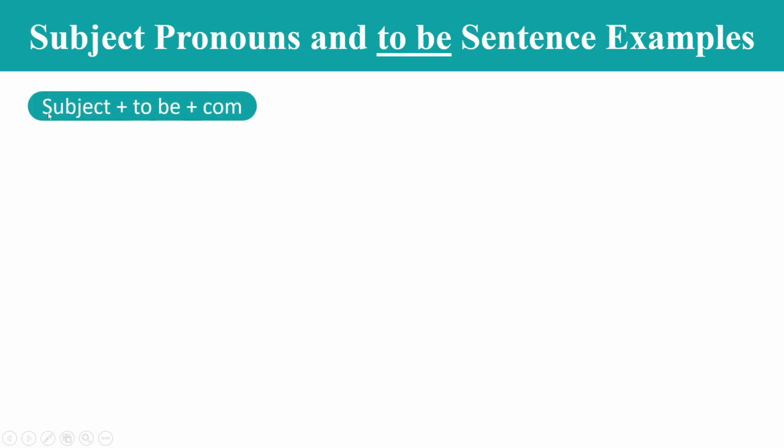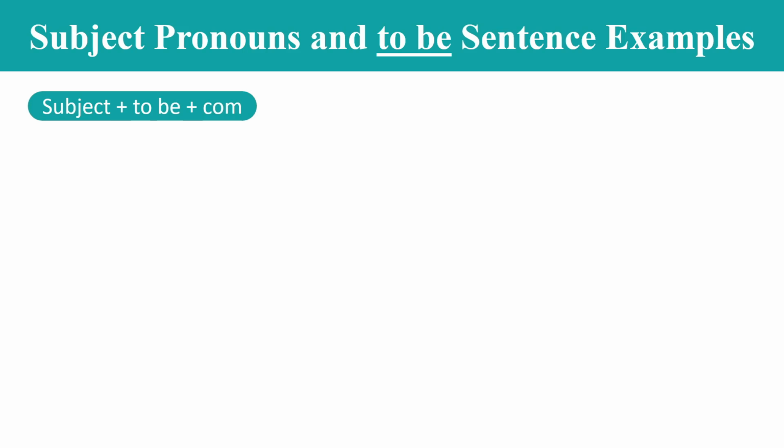As we have learned, the structure of the sentences with subject pronouns and to be verbs can be this one: subject plus to be verb plus complement. Complement means the words and phrases that can complete the meaning of the sentence.